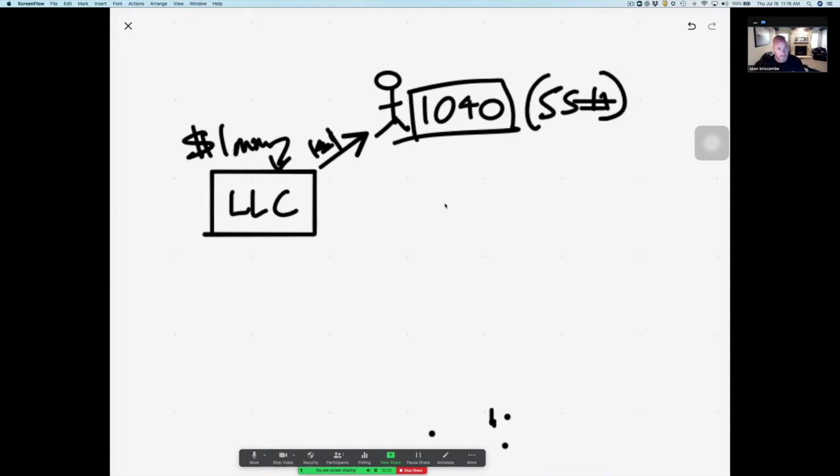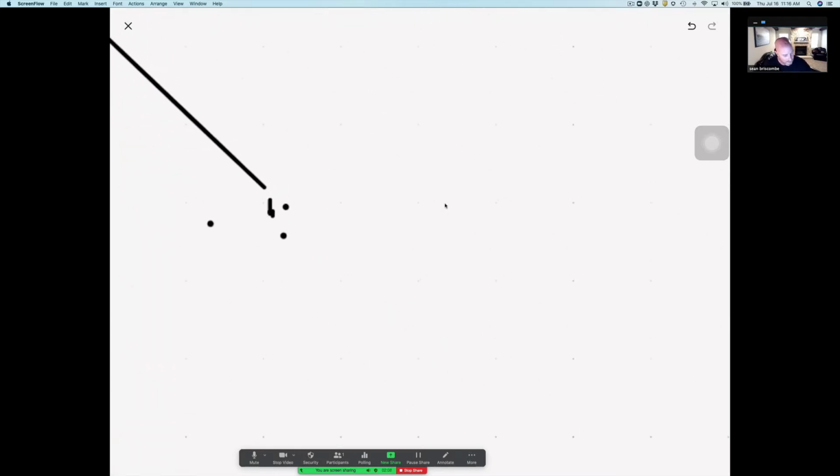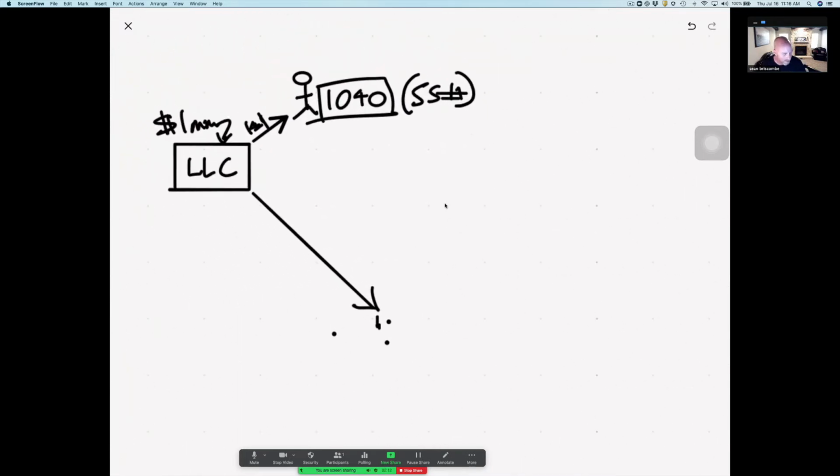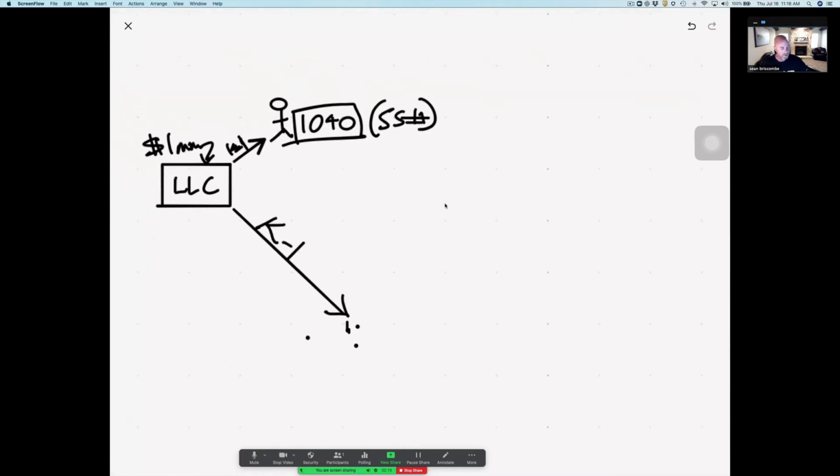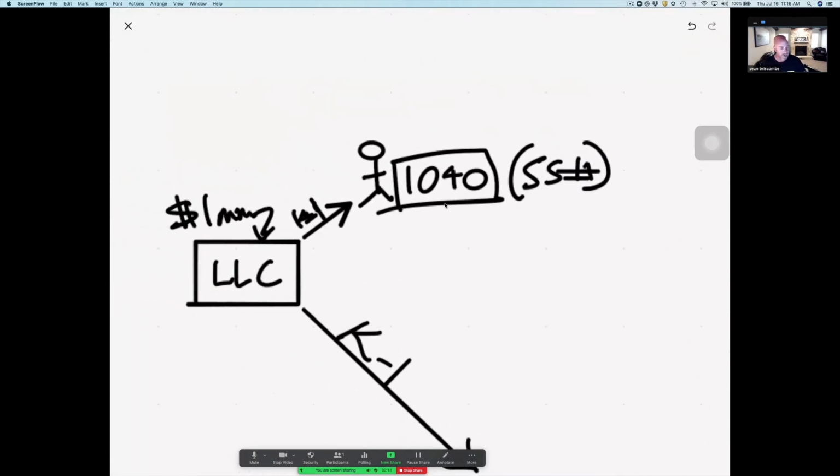It has to be filed as income, goes on a 1040 form, and that is based on your Social Security number, right? Now, the other business partner is an entity that is a business trust. We call it a business trust, and that's also going to get a K1 distribution, all right? Now, if you only pay yourself $40,000, which is what I do, out of that $1 million, let's say $1 million goes in, paid all the expenses, you got $1 million left over.